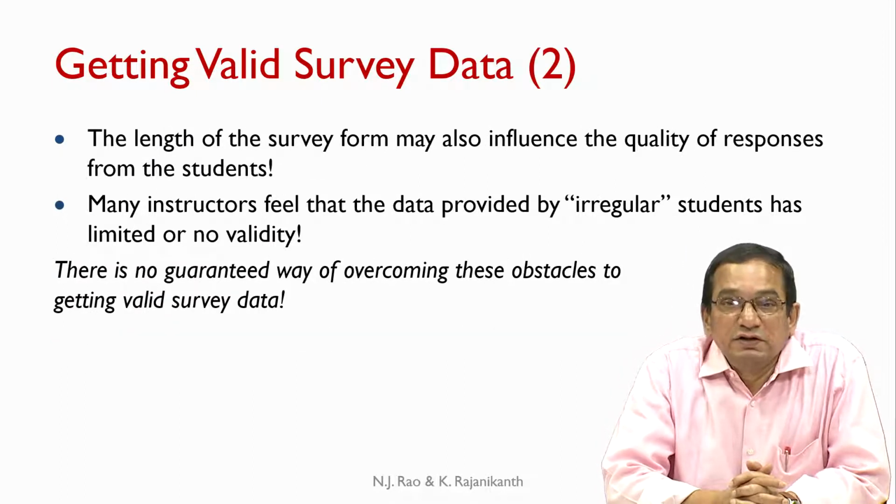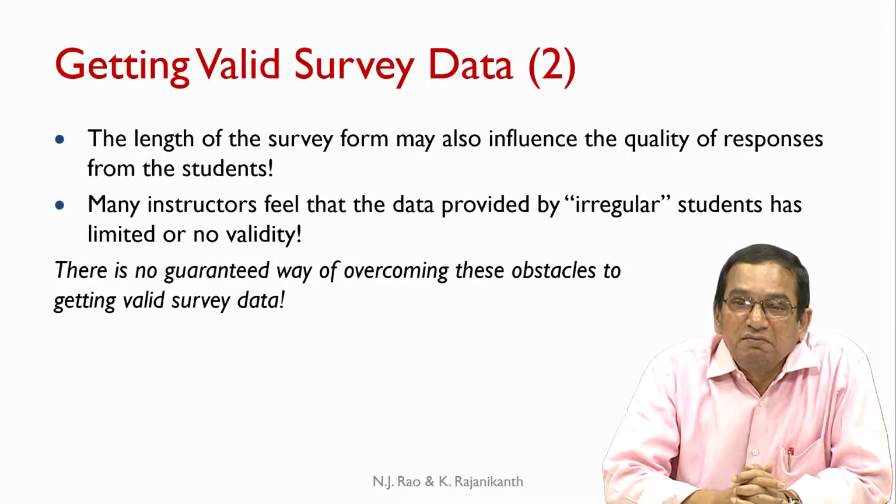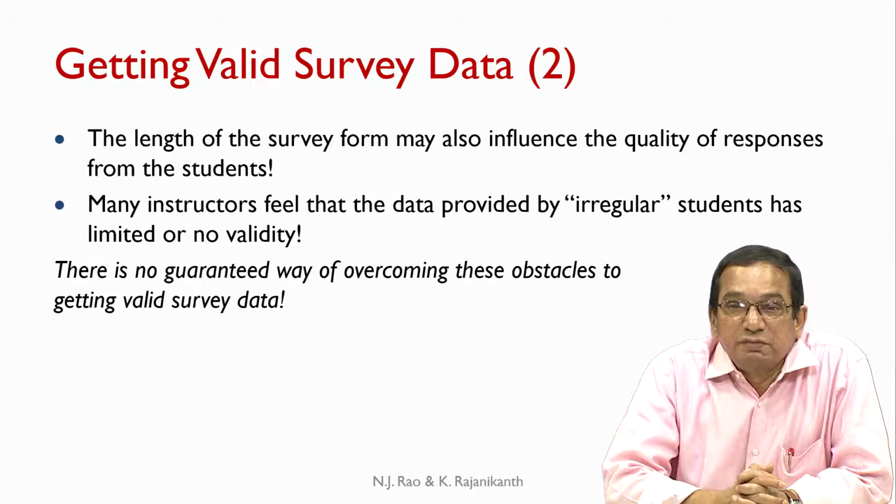Another issue can be the length of the survey form. That also may influence the quality of responses from the students, in the sense that if there are many questions in the survey form, fatigue can set in. So, after answering maybe the first 15-20 questions, students might give responses which are more automatic rather than really reasoned out. What should be the ideal length of a survey form?